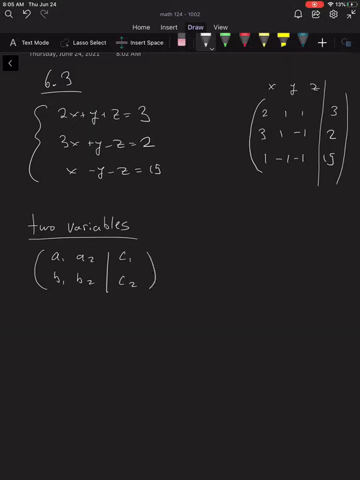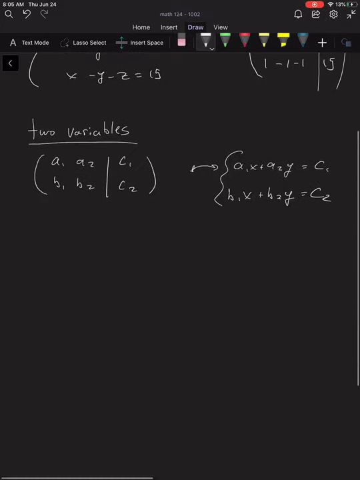Remember, this is the same thing as A1x plus A2y is equal to C1, and then B1x plus B2y is equal to C2. So if we were going to turn this matrix into equations, it would look like this.